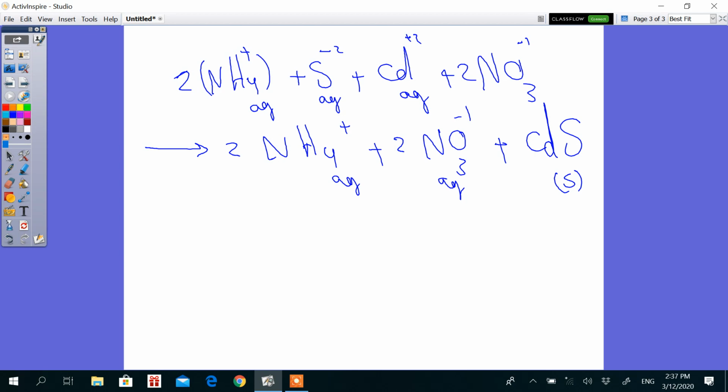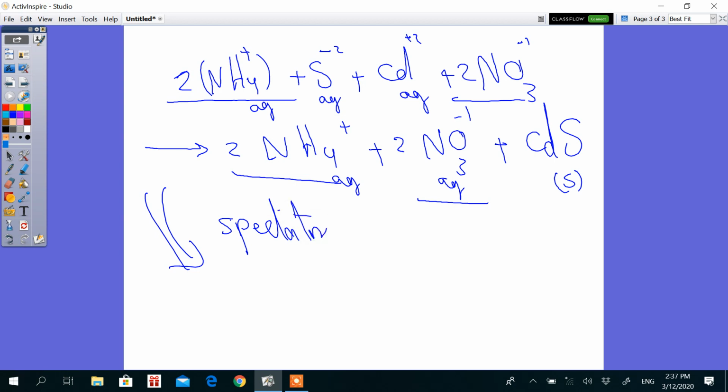And so we have here our spectator ions, which are not included. I have ammonium here, so it is a spectator ion. Also nitrate comes in the products, so ammonium and nitrate are my spectator ions: ammonium positive and nitrate negative.